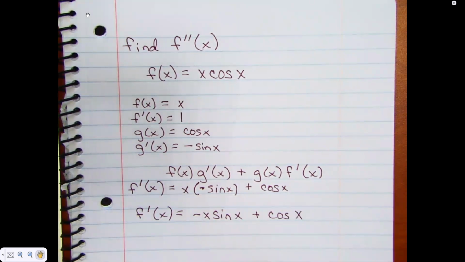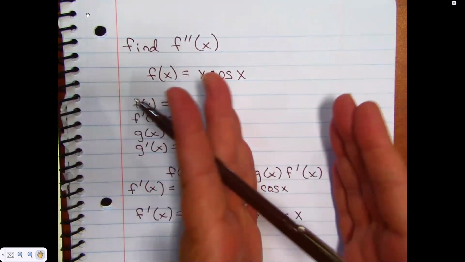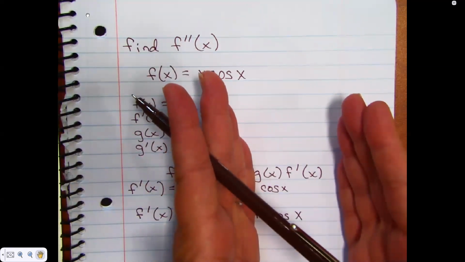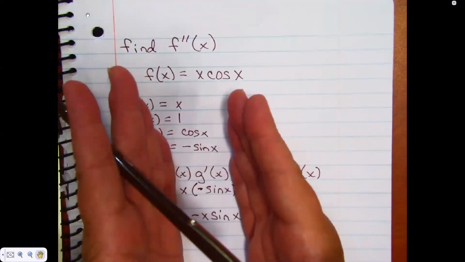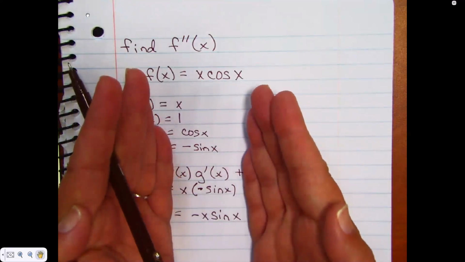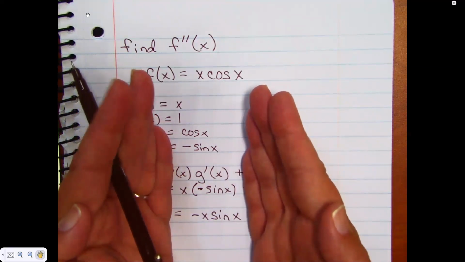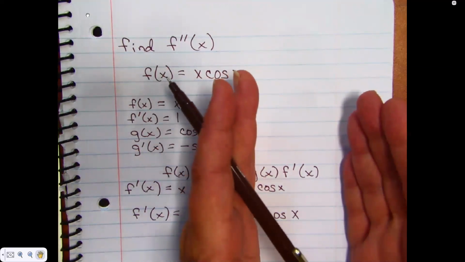So now when we go to take the derivative again, we have terms now. We have to look at this term, and then we have to do this term. So when we look at this term, what do we have? Product rule. So we have to do the product rule, but after we're done with that, we can't forget about the next term.